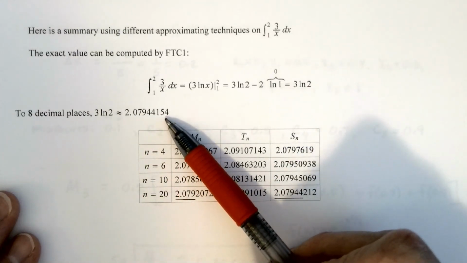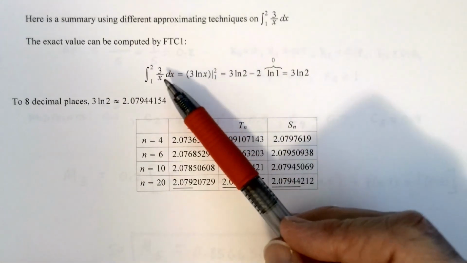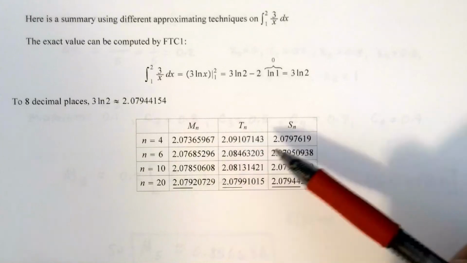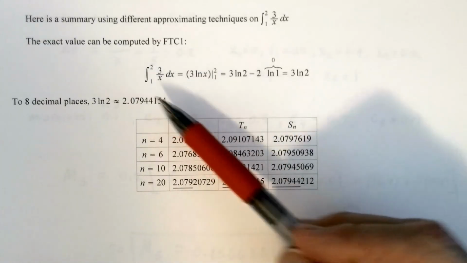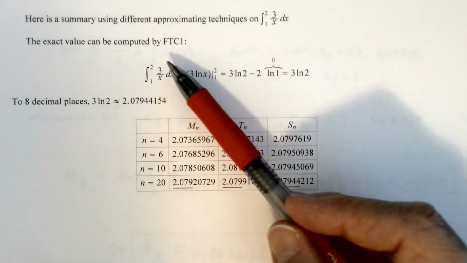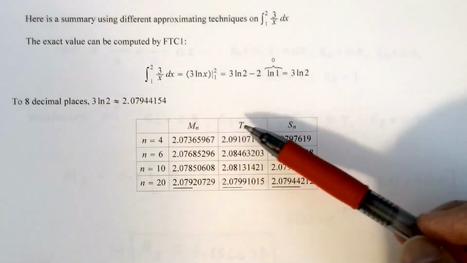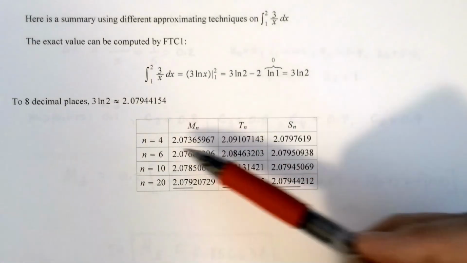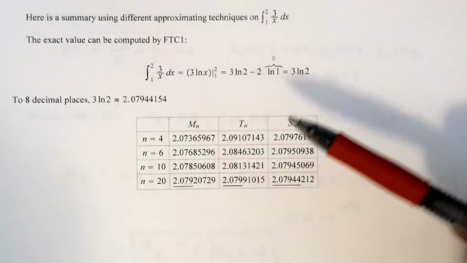Okay? So now I've showed you here, I've done these calculations with my own numerical methods calculator, basically. But if you were to evaluate this integral here using the midpoint rule, trapezoid rule, or Simpsons rule with n equal 4, 6, 10, and 20, you can see the calculations.